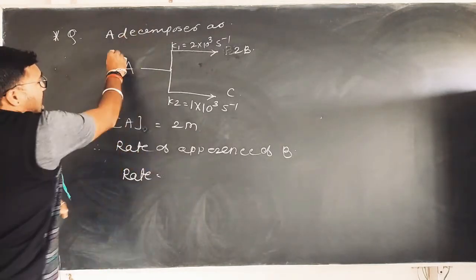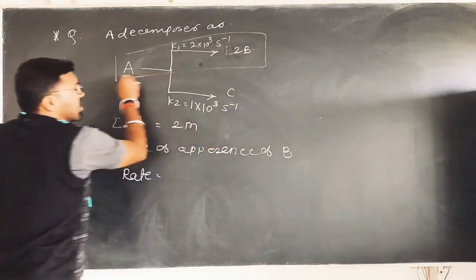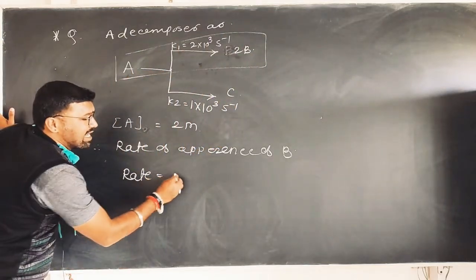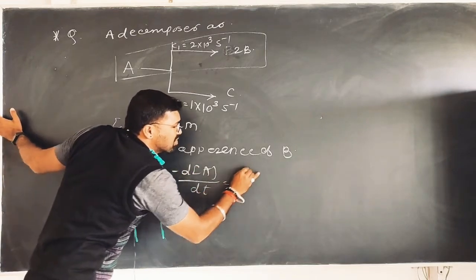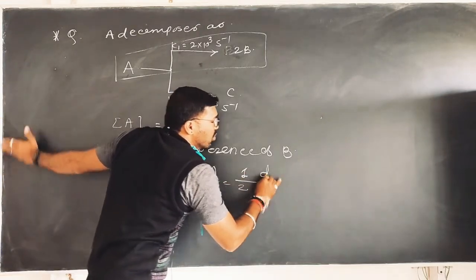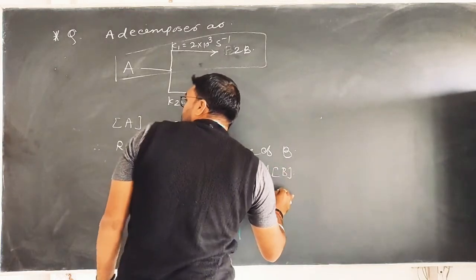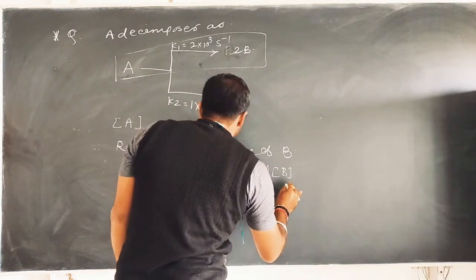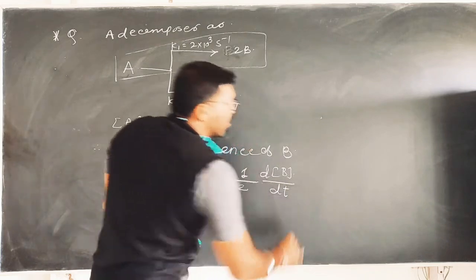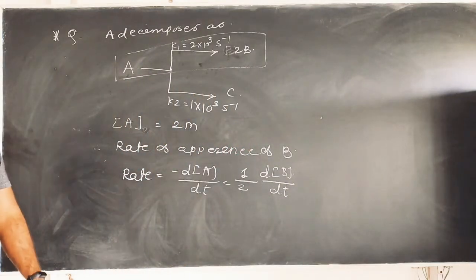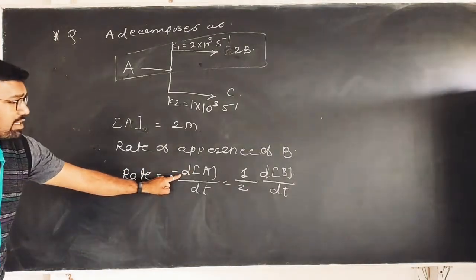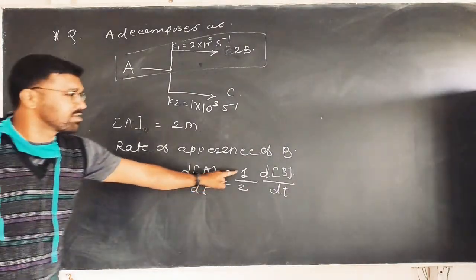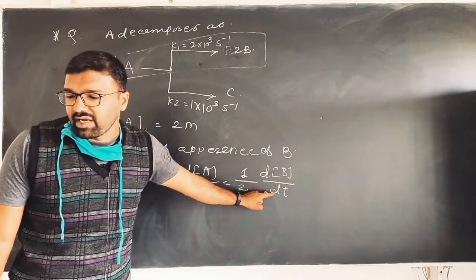If you consider this reaction, I can write the rate as minus dA upon dt, which is equal to 1 upon 2 into dB upon dt. So the rate of decomposition of A with time is equal to 1 by 2 dB upon dt.